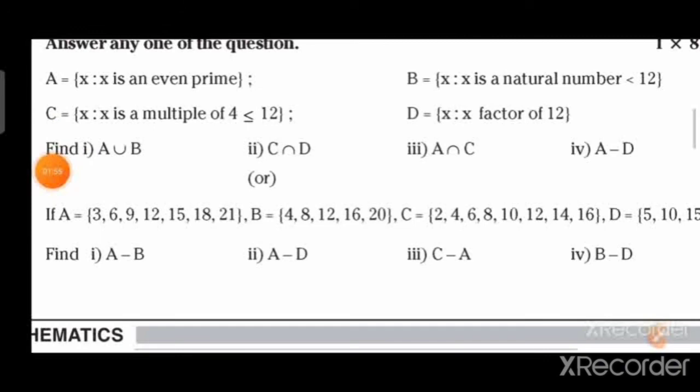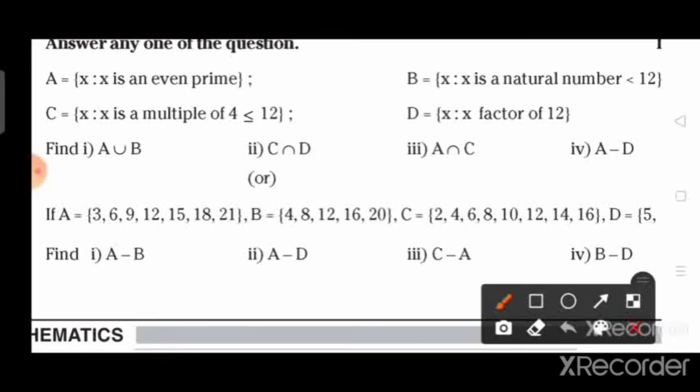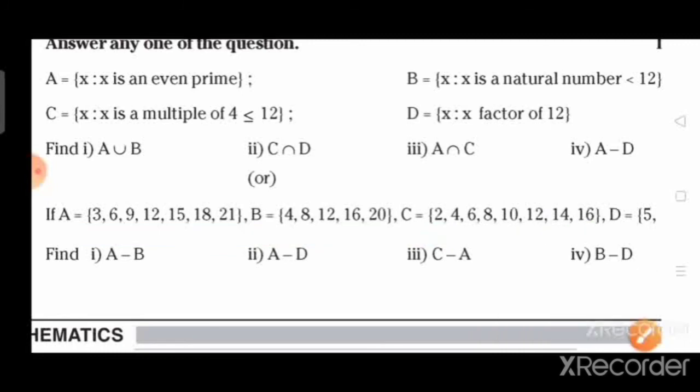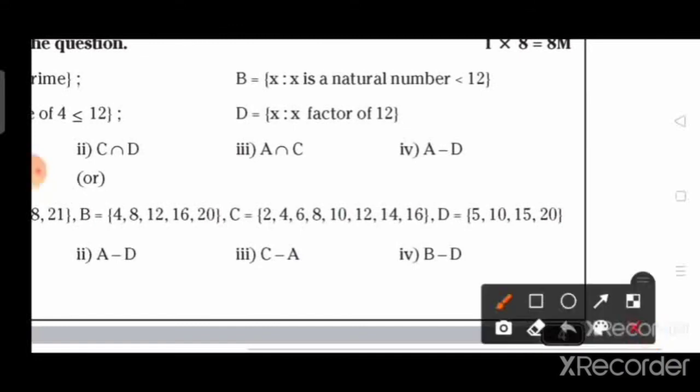Next, in our 8 mark sums, suppose A is equal to 3, 6, 9, 12, 15, 18, 21, and B is equal to 4, 8, 12, 16, 20, and C is equal to 2, 4, 6, 8, 10, 12, 14, 16, and D is equal to 5, 10, 15, 20.